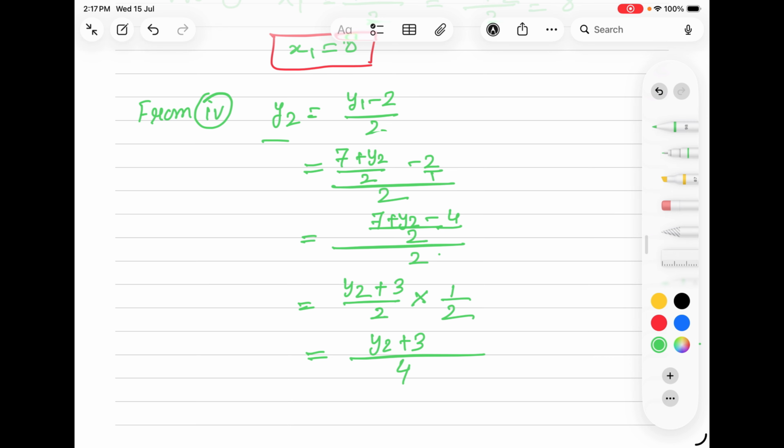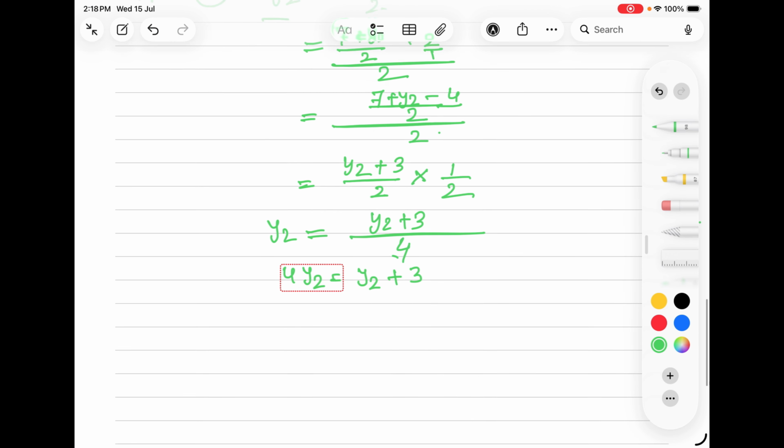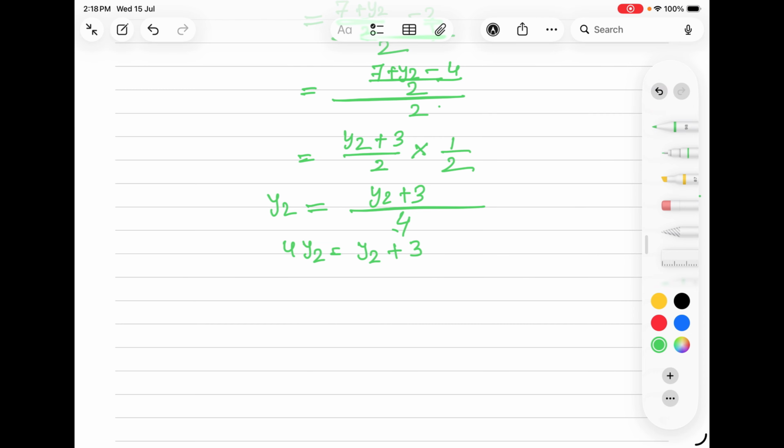This equals this y2. Okay. Now cross multiplication: 4y2 equals y2 plus 3. Then this y2 comes to that side, we get 3y2 equals 3. Therefore y2 equals 3 by 3, 1. So we get the value of y2 as 1.